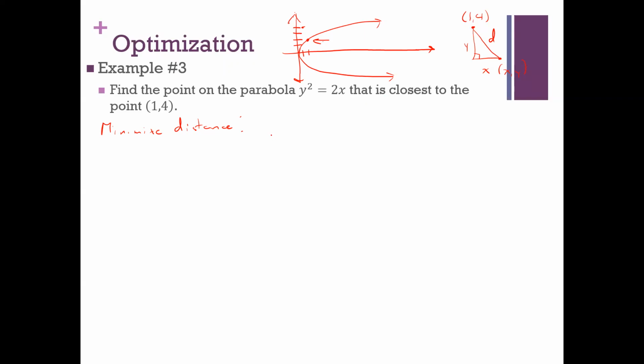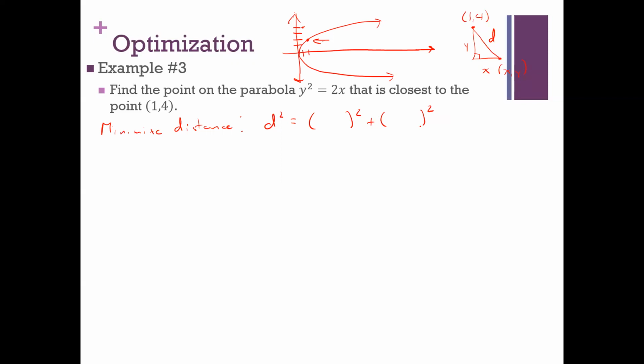Probably at some point, most of you memorized the distance formula, but really that distance formula is just based on the Pythagorean theorem. So d squared is equal to something squared plus something squared. One will be a horizontal distance, one will be a vertical distance. How would I find my vertical distance?